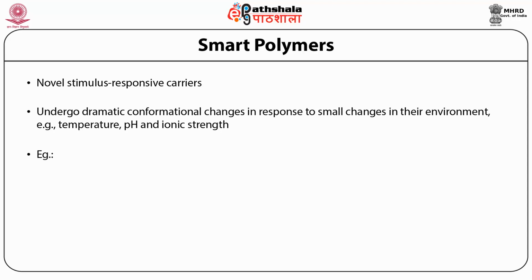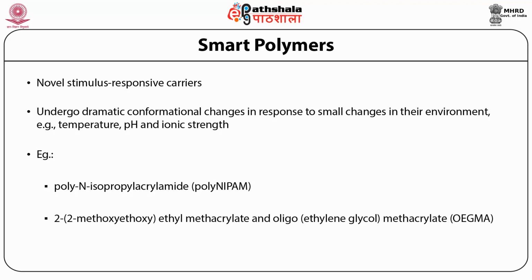For example, poly N-isopropyl acrylamide, 2-methoxyethoxy ethyl methacrylate, and oligo ethylene glycol methacrylate. So these are different examples of smart polymers.